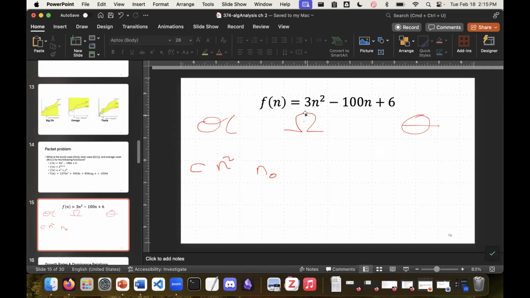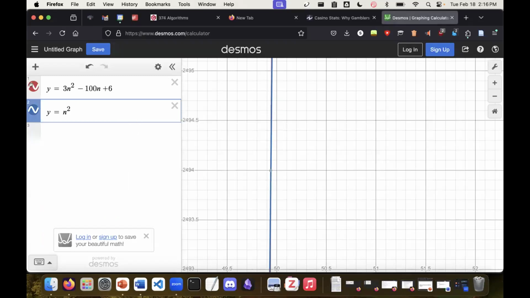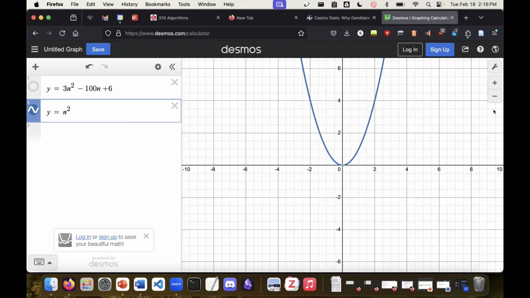Because then we've got minus 100n plus 6. The constant is just because we can scale up this function, right? So there's a difference between n squared, 2 of n, and 3 of n. So that helps us make the upper bound or lower bound.